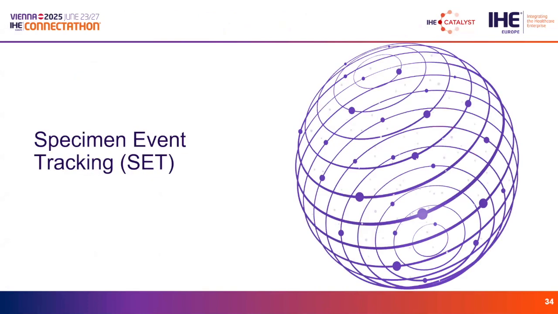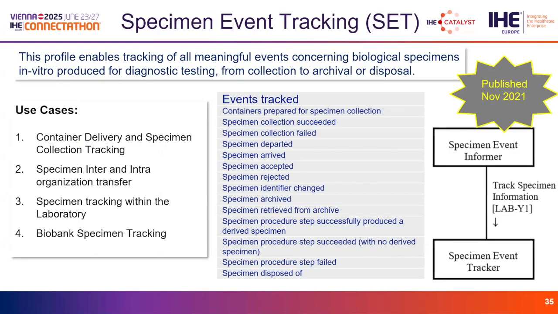This is another new profile we have developed in the last year, called Specimen Event Tracking, which, as Riki said before, can be considered a profile transversal to all the others, because its aim is to track all the different events that occur to a specimen during its life cycle.